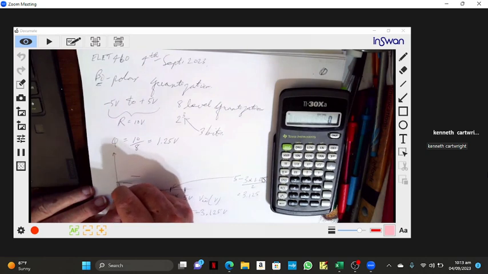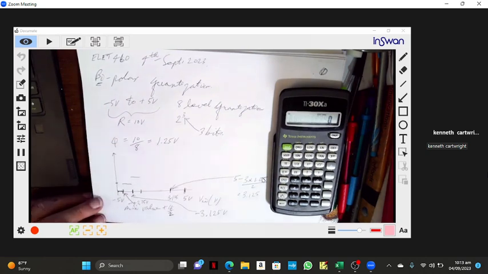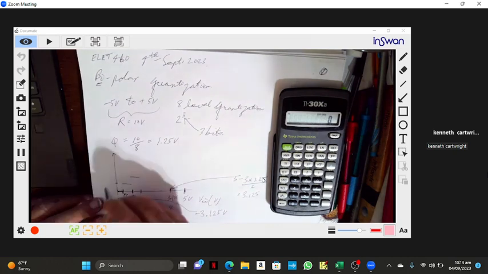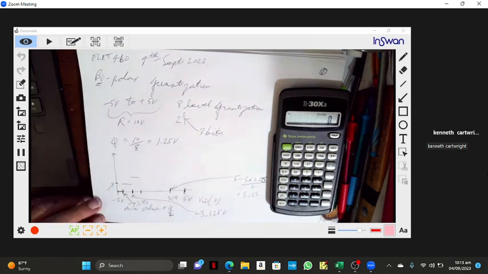What's this point here? What is the range?